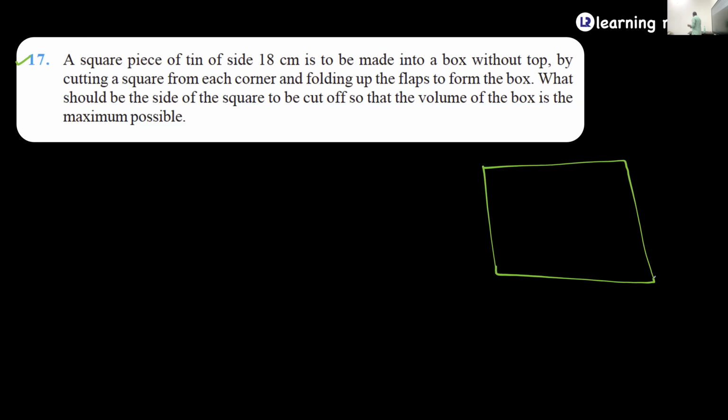So basically, you started with an actual square where this x was there and this x was also there. So if you take the original square, its side, if I take it to be A, and the side of the square that you have cut is x and x. Here also it is x and x. Here also it is x and x. And here also it is x and x.